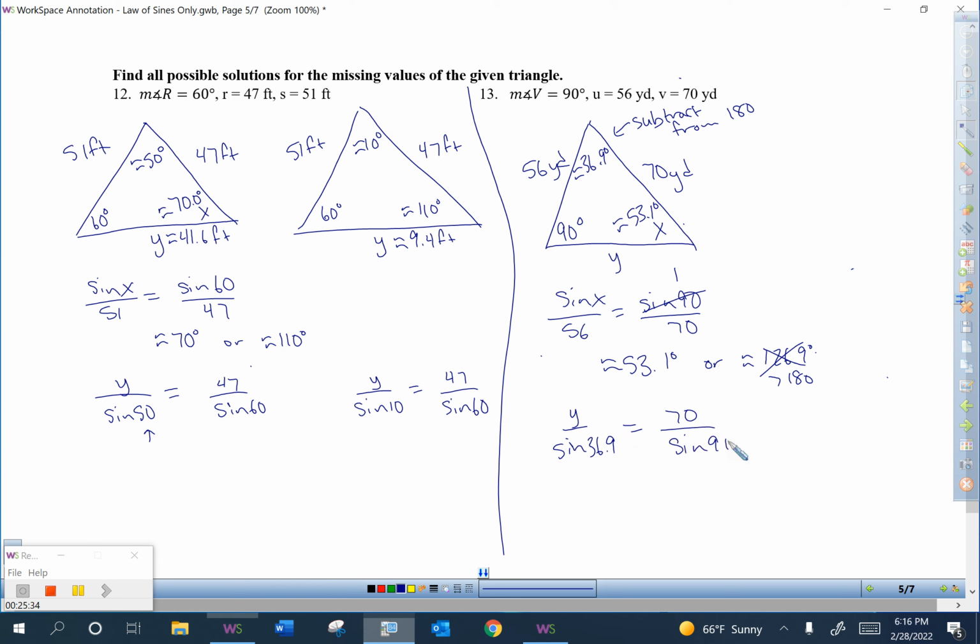Again, sine 90 is just 1. So you just multiply that over, and you get about 42.0. We're going to put it on our triangle with a label. Checking out all of our numbers, small angle with small side, big angle with big side, it works out.